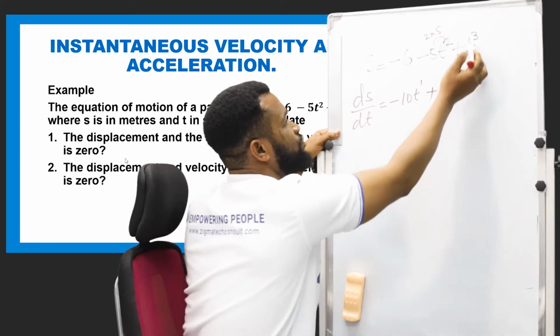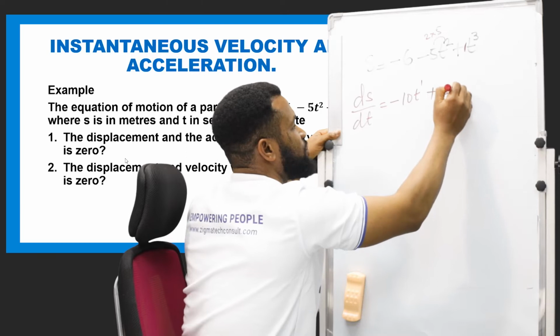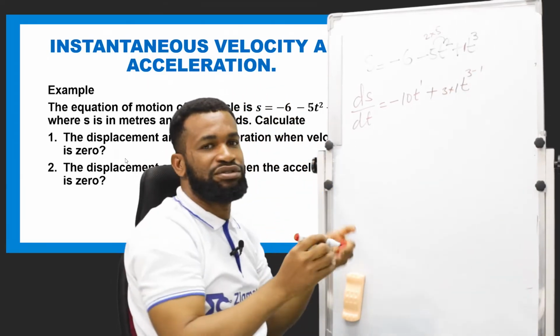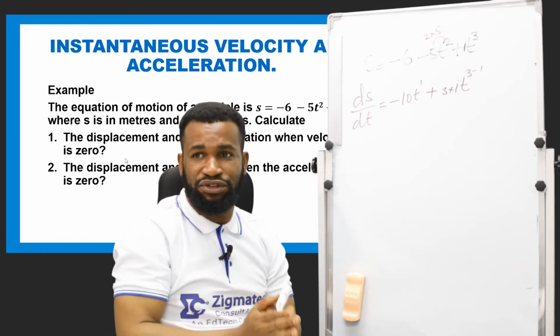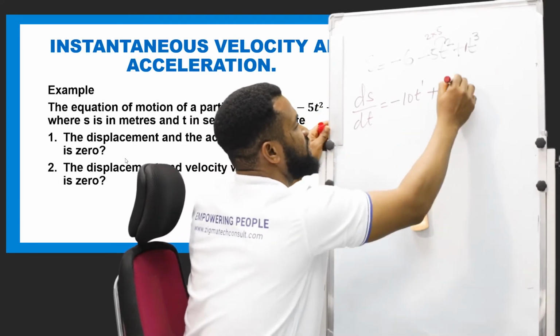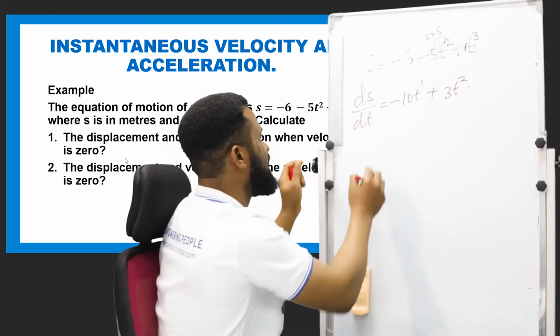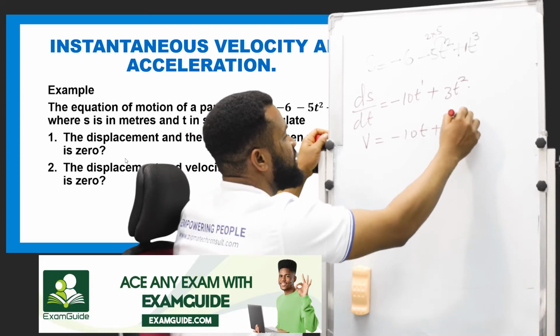Then plus 3 will come down and multiply this place. Remember there is 1 here, so it's going to be 3 times 1, and then t to the power 3 minus 1. That is how you differentiate a function with respect to another. So everything here now turns to be 3t squared. Remember, this is velocity now. Velocity is equal to minus 10t plus 3t squared.